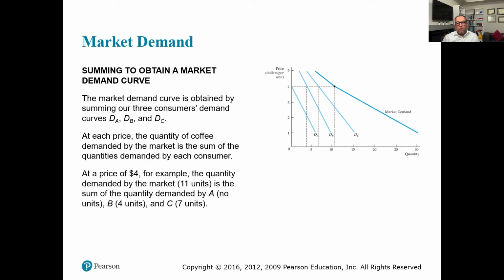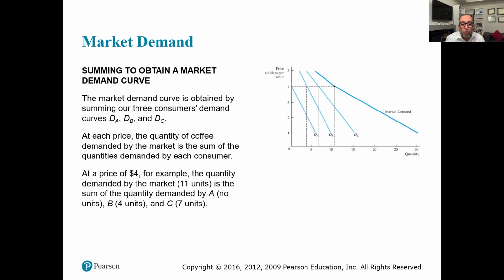Now you can see the demand curves as well. DA is reflecting the demand curve for individual A, DB is the demand curve for individual B, and DC is the demand curve for individual C. When we horizontally sum up, we get the market demand curve.